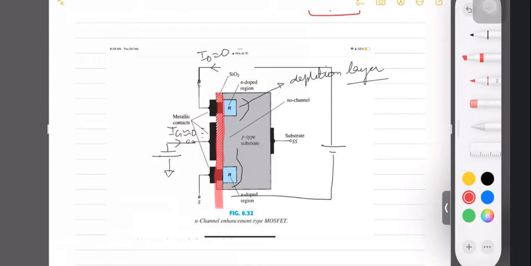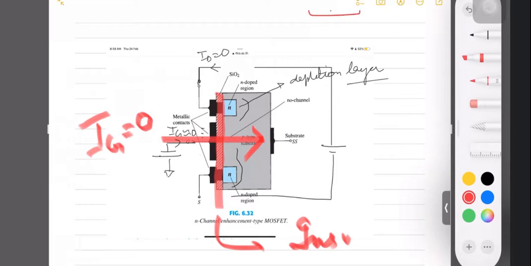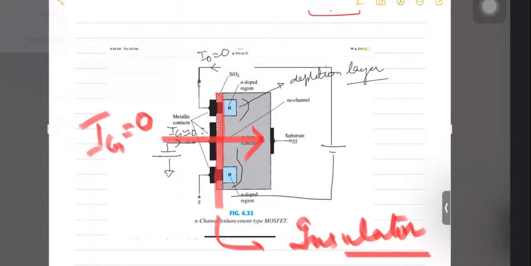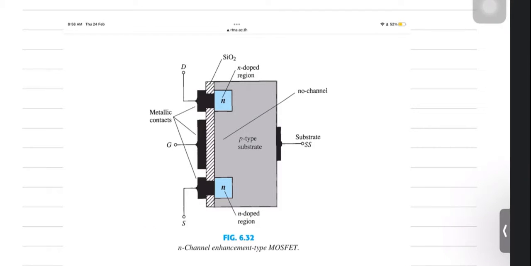Insulator, this one. So there is no flow of current like this. इस साइड को करंट कितना होगा? 0, because insulator doesn't allow any conduction. Any questions regarding this working now? No, sir.